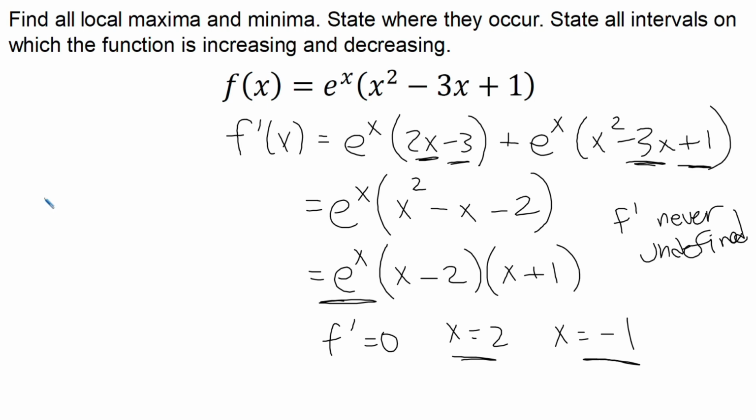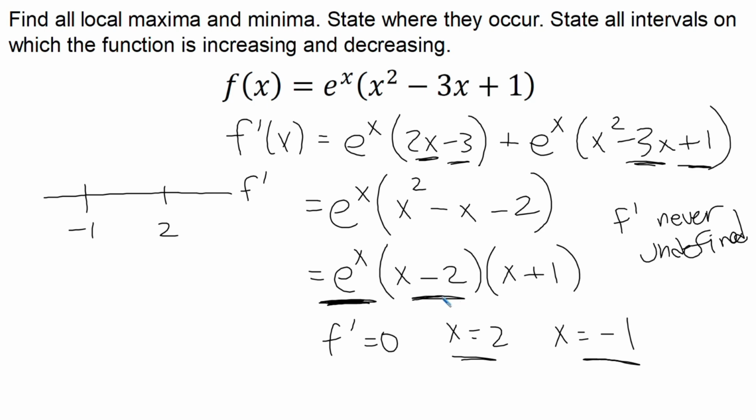We'll need to do two things. One is make a sign chart with those. So there's negative 1 and 2 on my sign chart. My original function didn't have any discontinuity, so I don't have to put any discontinuities on that sign chart. If I plug in something between negative 1 and 2, like 0, well, e to the x is always positive, so I can kind of just ignore that, right?